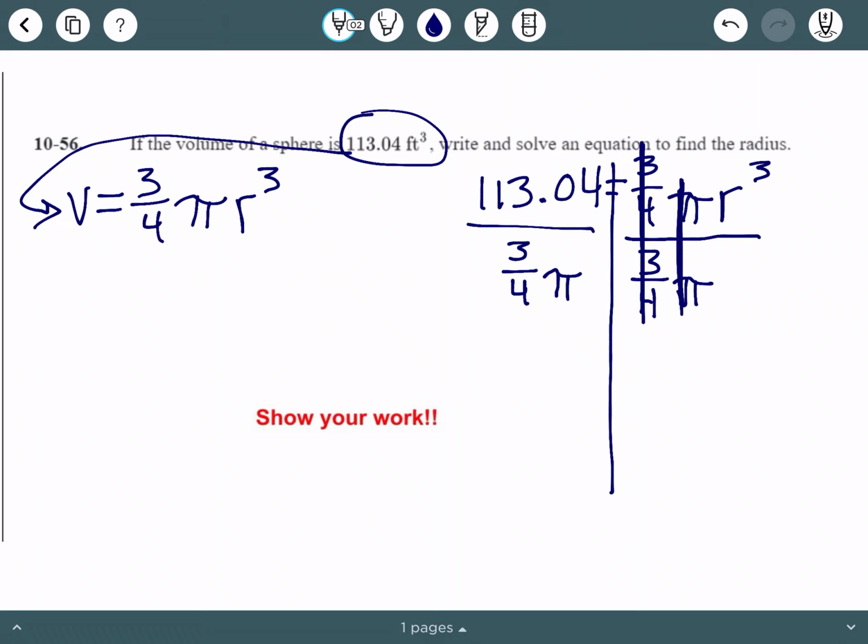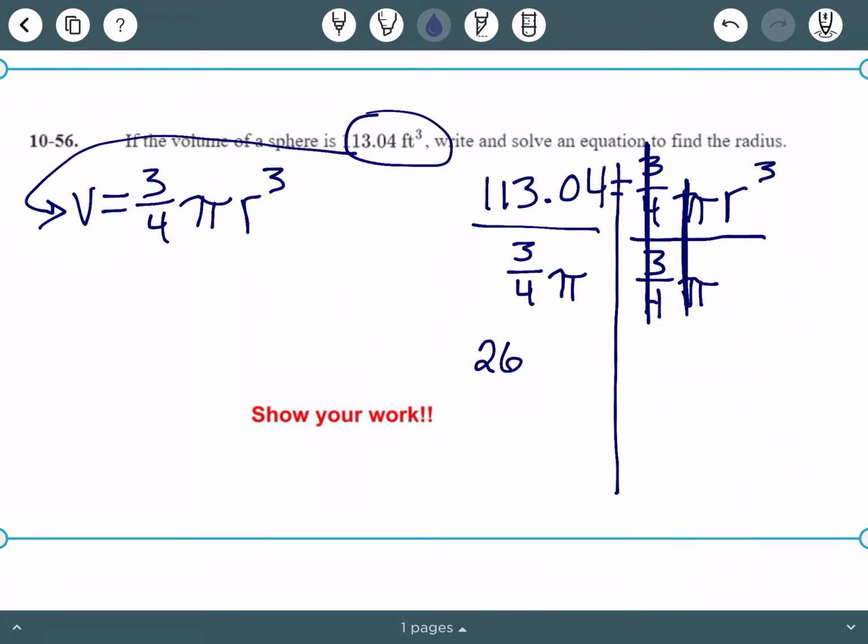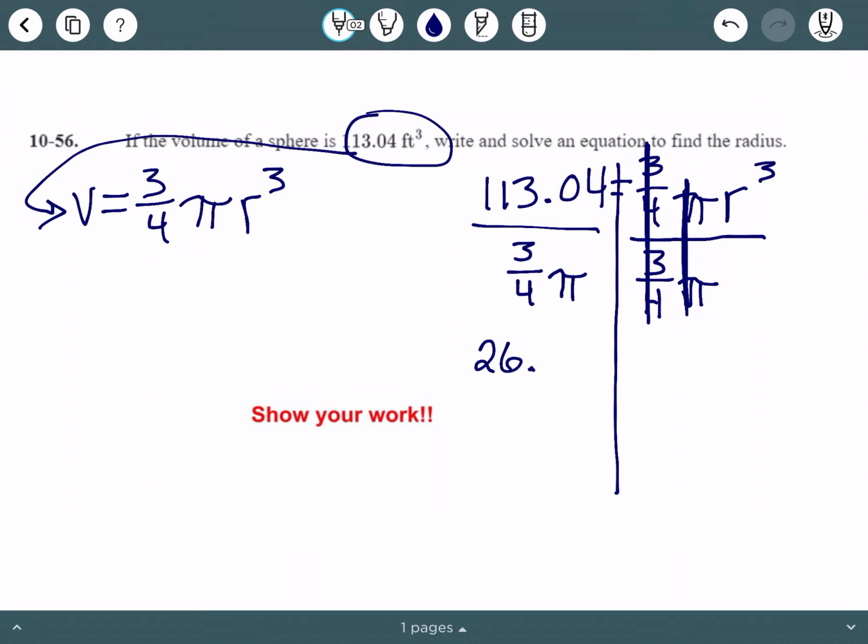And on the right side, if we put in 113.04 over 3/4 times pi, that's going to give us 26.99, and that's rounded to the nearest hundredth, and that is equal to the radius cubed, right?